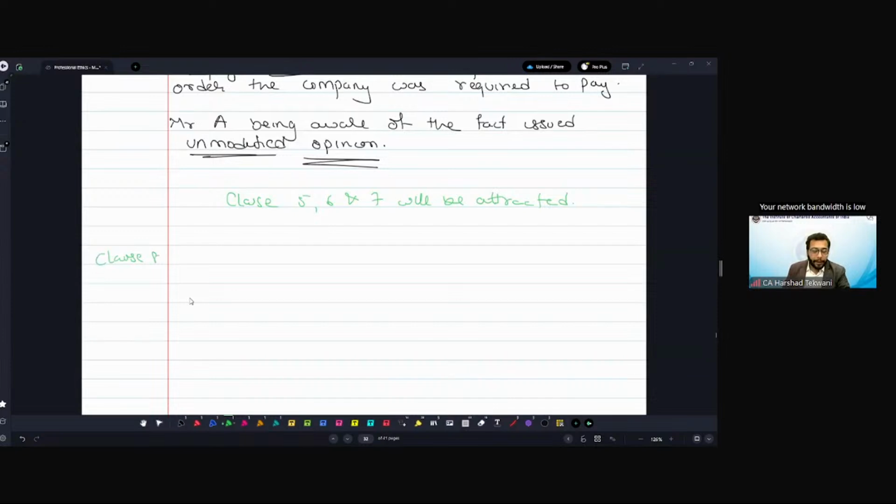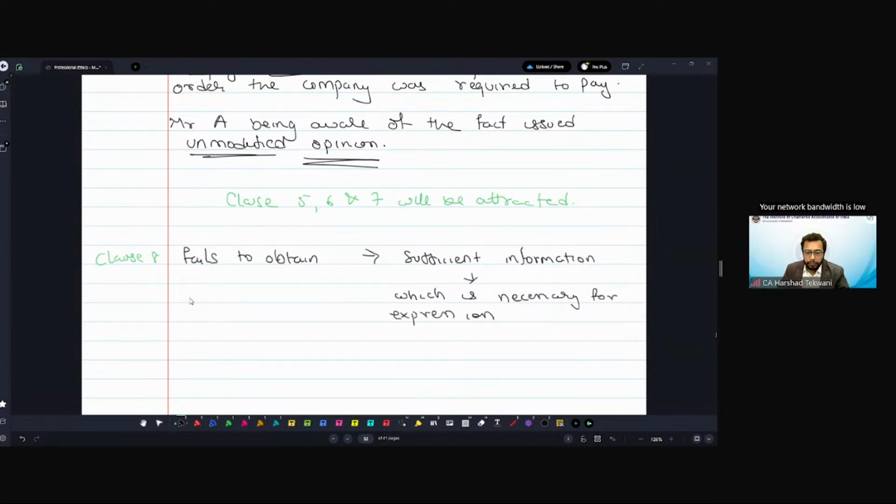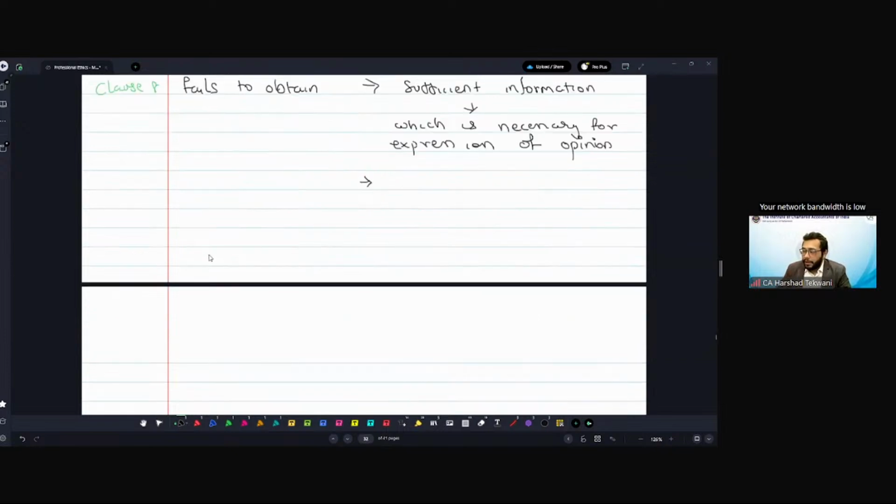Clause 8, which talks about if a CA in practice fails to obtain sufficient information which is necessary for expression of opinion, or its exceptions are sufficiently material to negate the expression of an opinion.